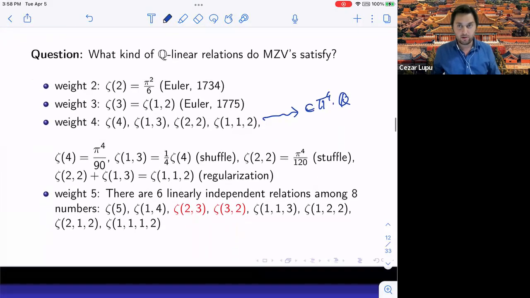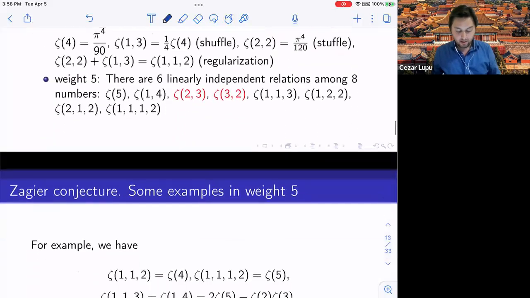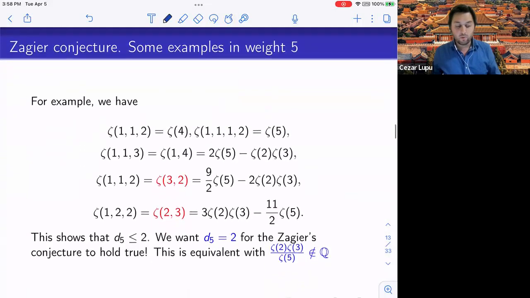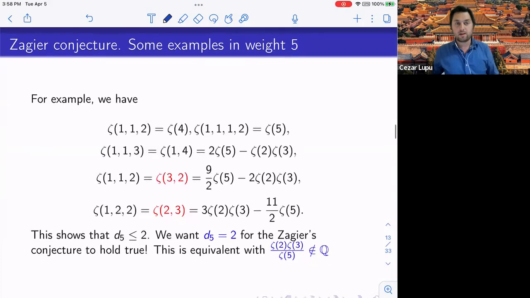Let's see what happens in weight 5 if we want the Zagier conjecture to be true. As you can see, we can express zeta of 5 and zeta of 4. This is in fact the duality theorem. Anyway, I'm not going to go into details about that.